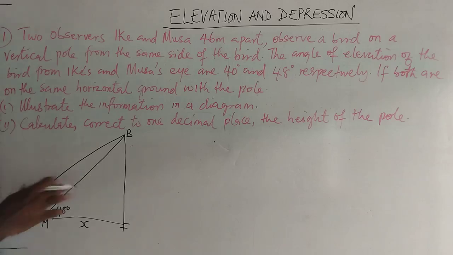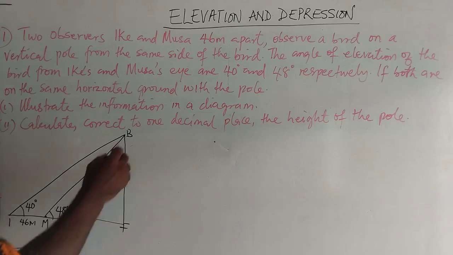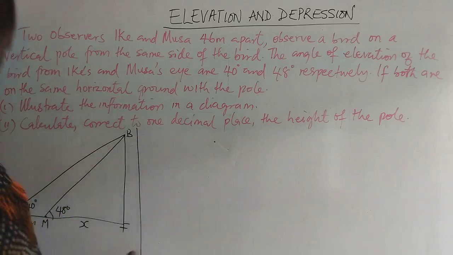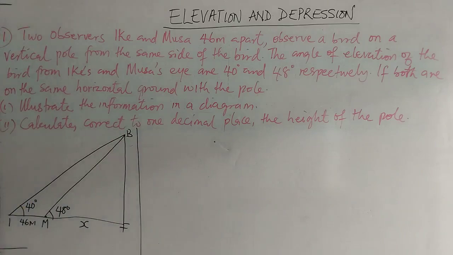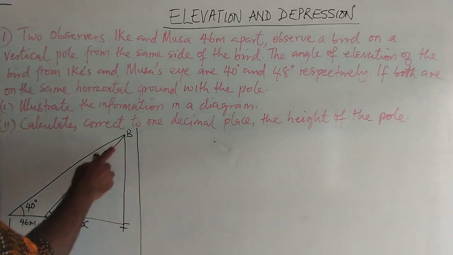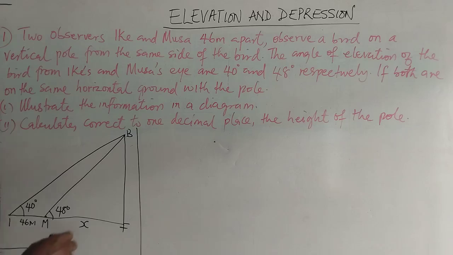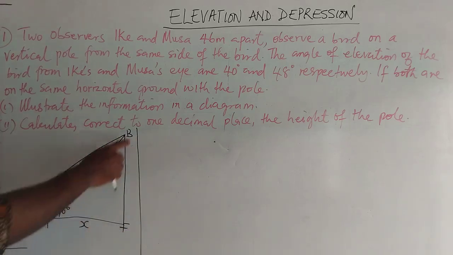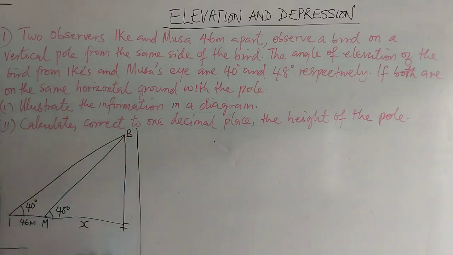Now, that's the diagram. So the second part of it, the calculation. If you look at this diagram very well, you discover that there are two right angle triangles there. We have BIF and BMF.